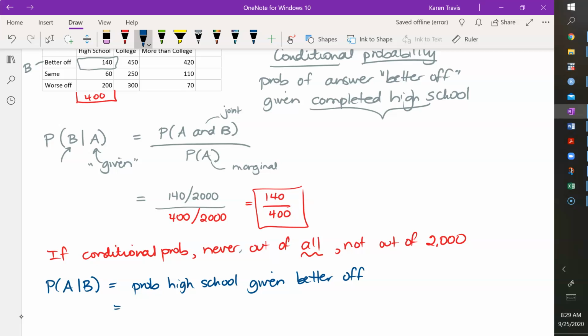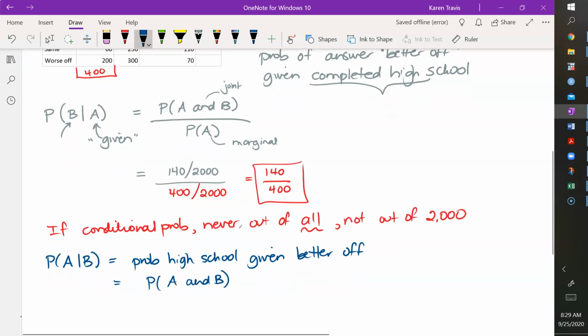So I'm going to reapply the formula. A and B are the two events, so the top doesn't change at all. But the given now is the B. So I need the B in the denominator. So since the top didn't change at all, it has to be the same number.